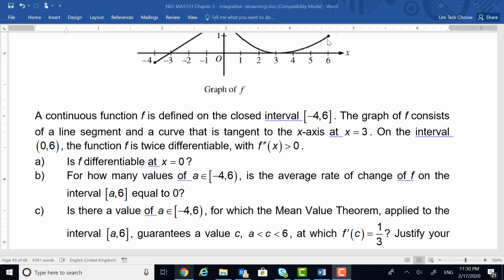So this is the point when x is 6. I need another point that makes a gradient of 1/3. So from here, if from x to 6, I draw a line that's like this through this point 3, 0, the gradient is 1/3, can you see? So which is actually this gradient that you intend to have.